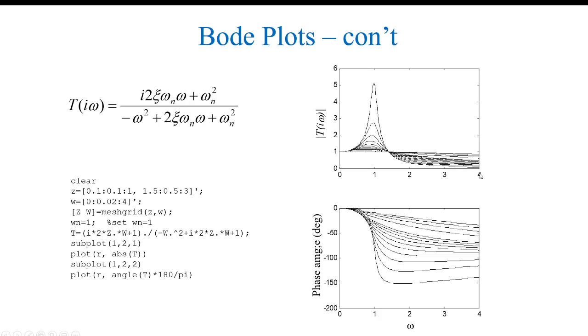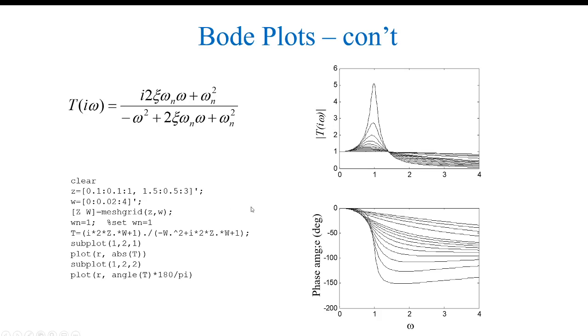One thing to note is that I had to set the natural frequency to be 1. So right now the x-axis in these plots is forcing frequency assuming omega n is equal to 1, or another way to think about it is this is the frequency ratio. The horizontal axis is omega divided by omega n. So this mark right here, when this is equal to 2, that means the input frequency is twice the natural frequency.